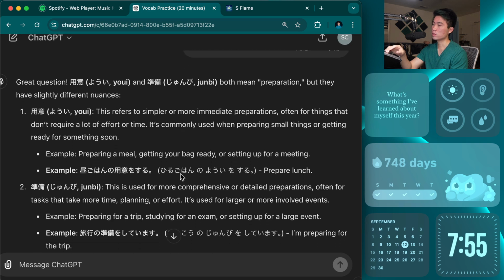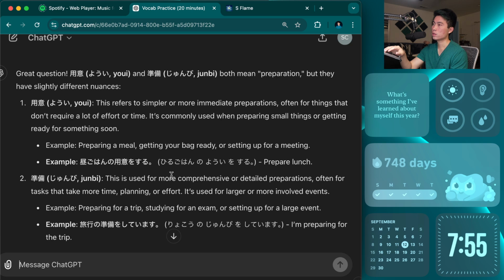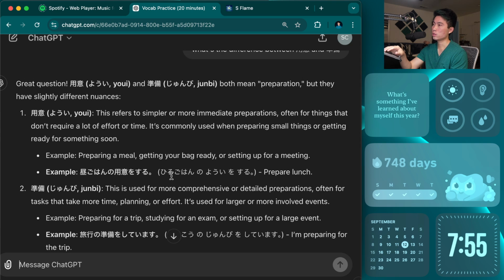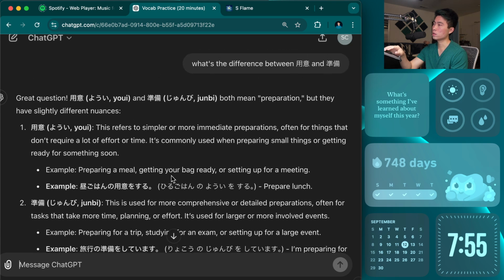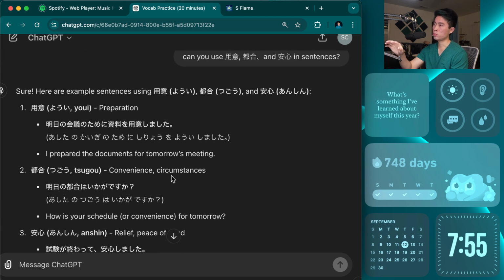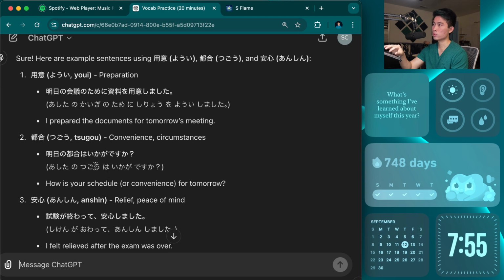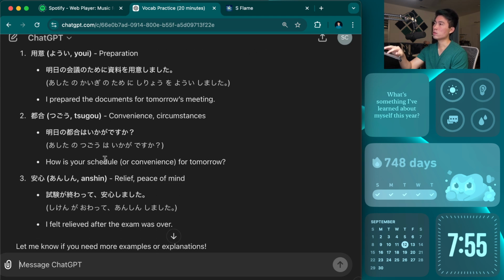Okay. And then 準備 is more for things with effort, I guess. Larger. 用意 is smaller, and 準備 is bigger. Good to know. Interesting nuance.